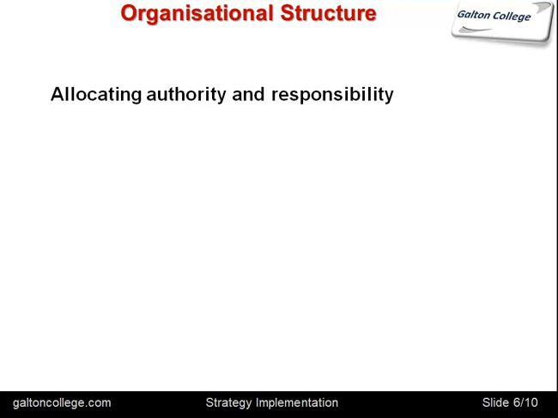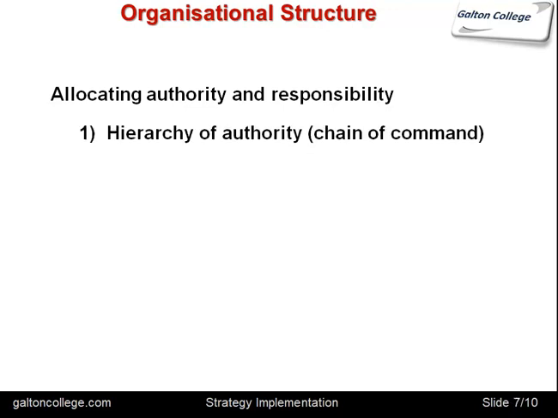Allocating authority and responsibility. Well, there is a hierarchy of authority, a chain of command, if you like, which runs through the organization. The CEO or managing director is ultimately responsible for everything within the business.